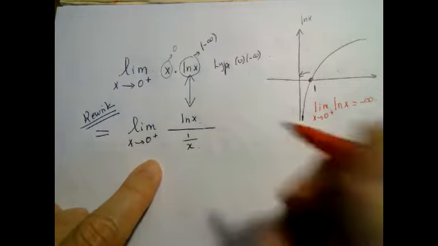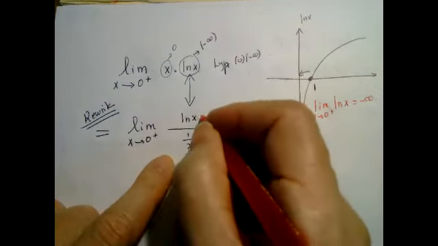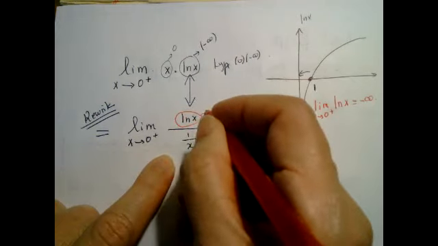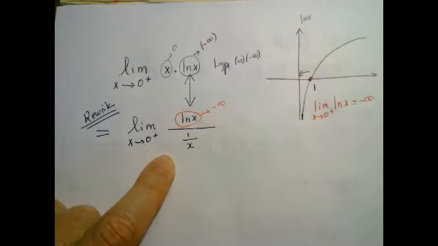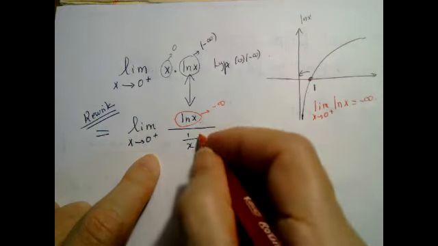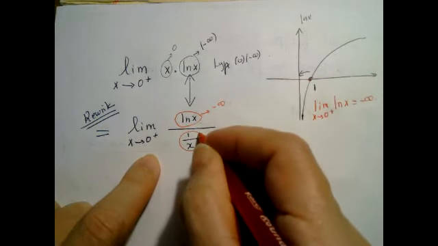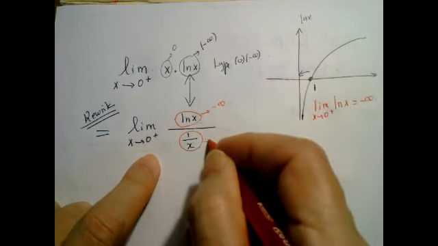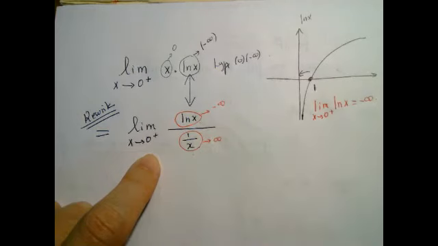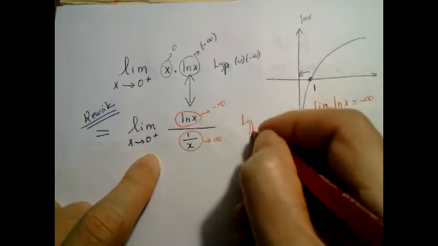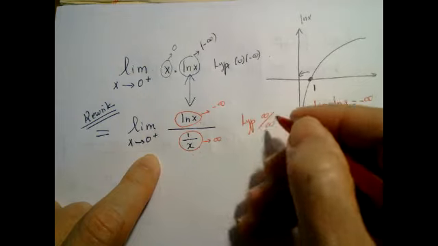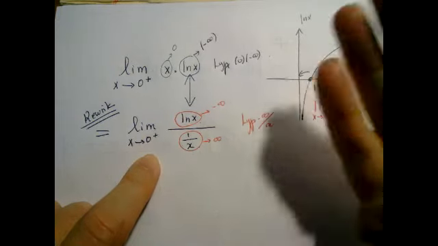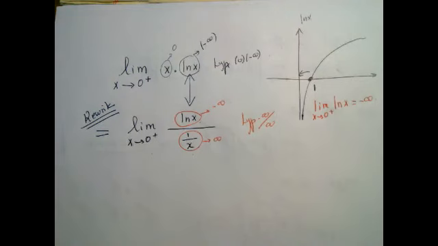Now, the magic. When x goes to 0, ln of x is still going to go to infinity. When x goes to 0, 1 over x, this whole thing, is going to go to infinity. And now I have infinity over infinity, actually minus, but as your classmate at the beginning of the lecture said, can I use it?